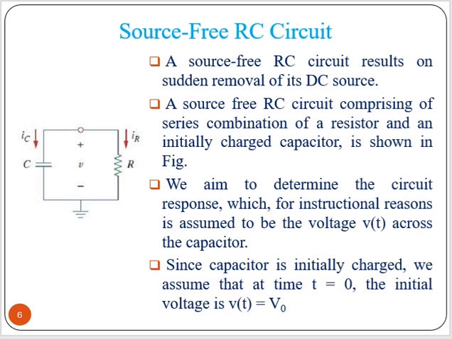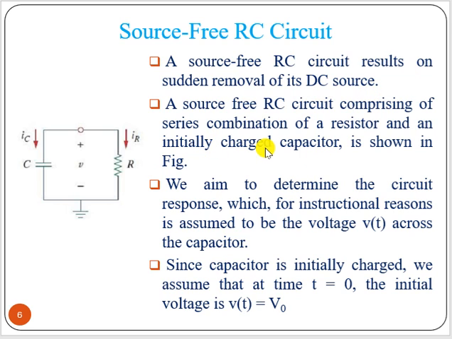Now say a source free RC circuit. That means here we don't have any independent sources connected, we have only an RC series circuit, or we can say RC in parallel also. The currents flowing are IC and IR. A source free RC circuit results on sudden removal of its DC source.